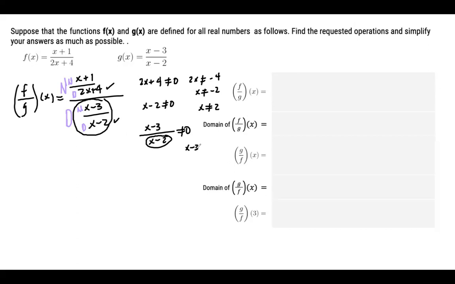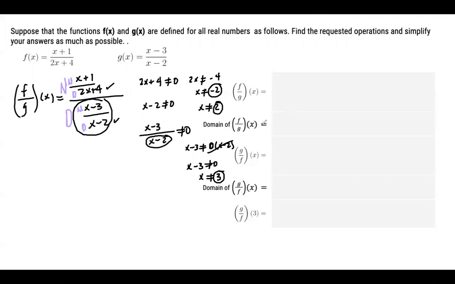So x minus 3 has to be different than the 0 that we already have times x minus 2, so that whole thing will become a 0. X minus 3 different than 0, so x different than 3. So we're going to have minus 2, 2, and 3 as our restrictions.